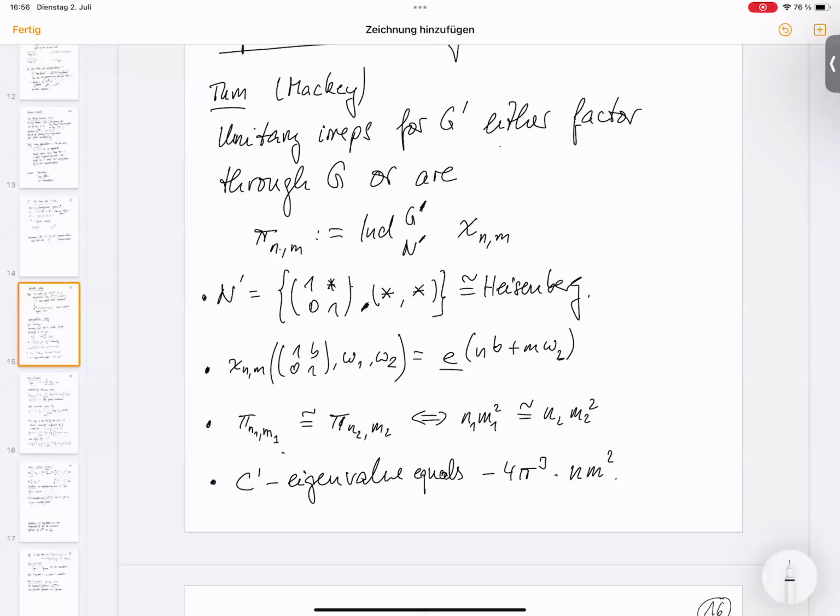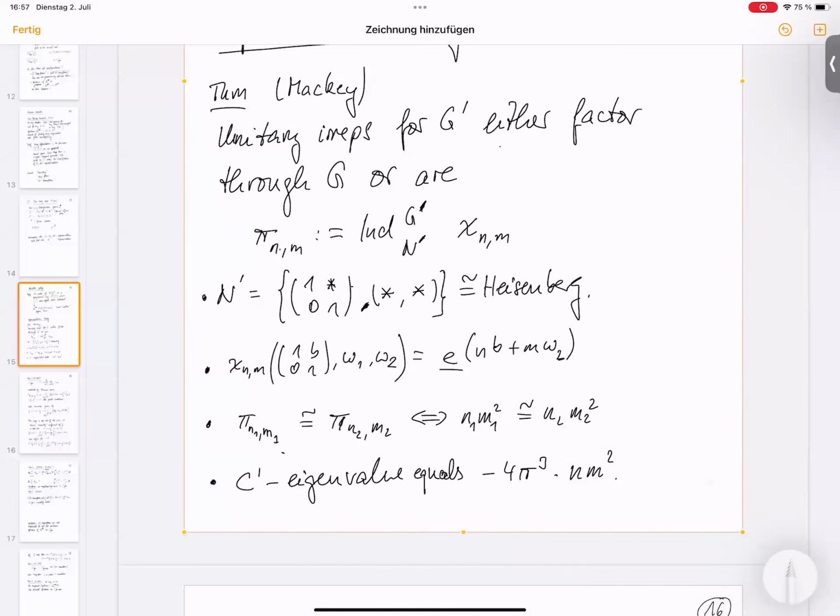So the actual representation, chi n,m, is written down in coordinates explicitly. It comes from a character of an R2 inside that Heisenberg group with parameters n and m. And two of these representations, with indices n1, m1, respectively n2, m2, are isomorphic if the expression n1, m1 squared agrees for the two.